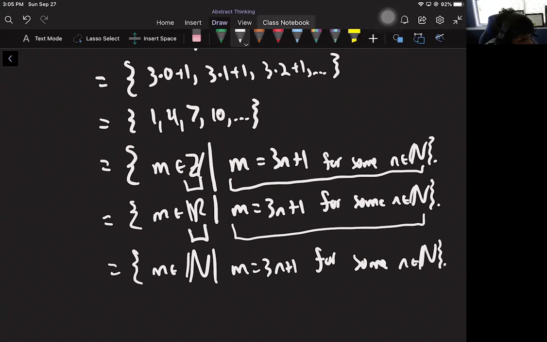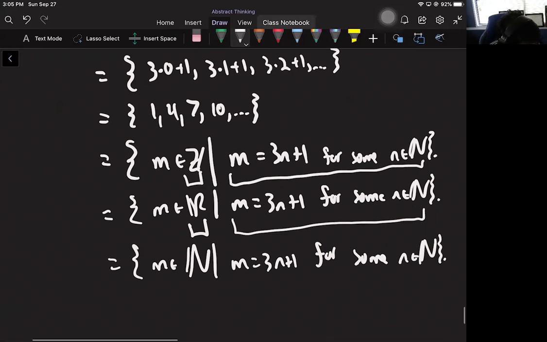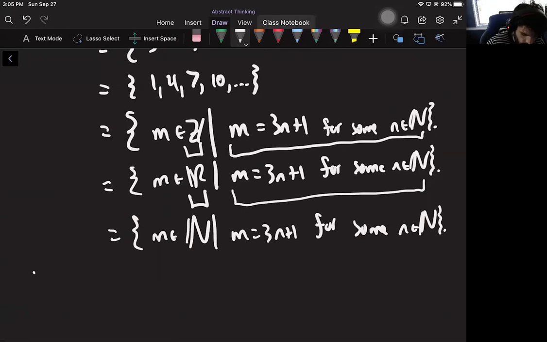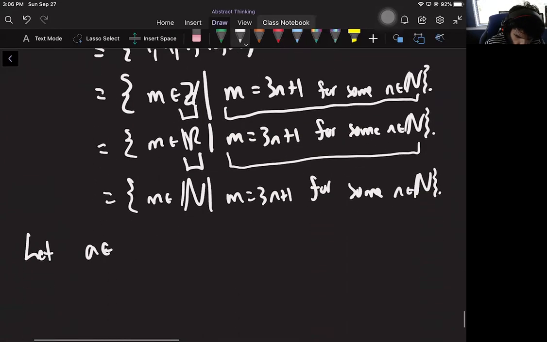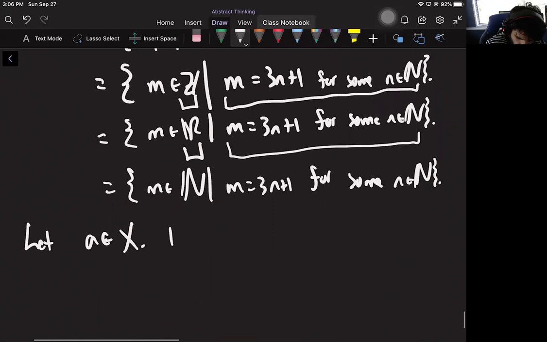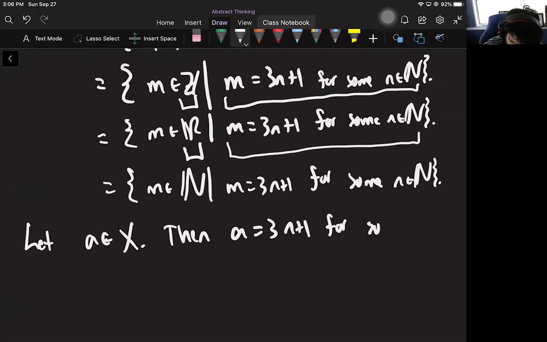Okay, so then what comes up a lot is people write things like, again, I'm going to do this. If I said let A be in this set, which I called X a long time ago, then you want to be able to say what that means. That just means that A equals 3n plus 1 for some n in the natural numbers.